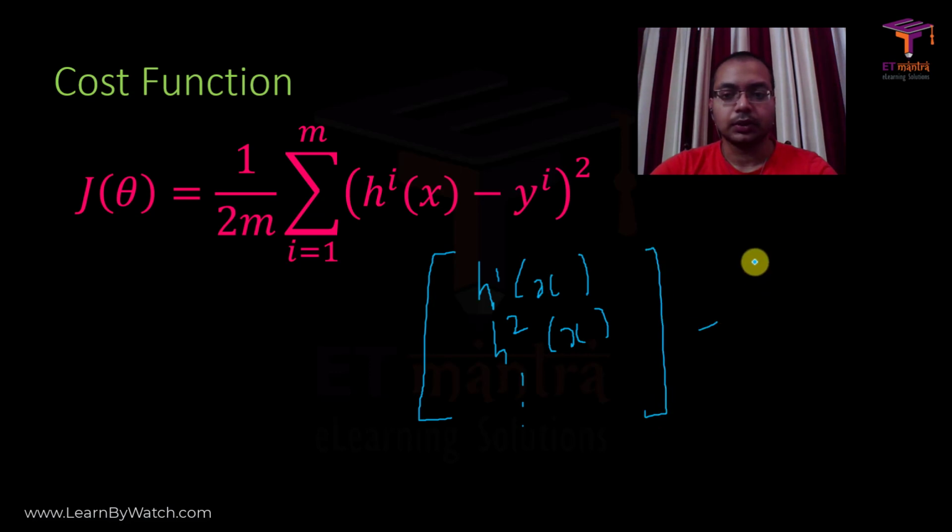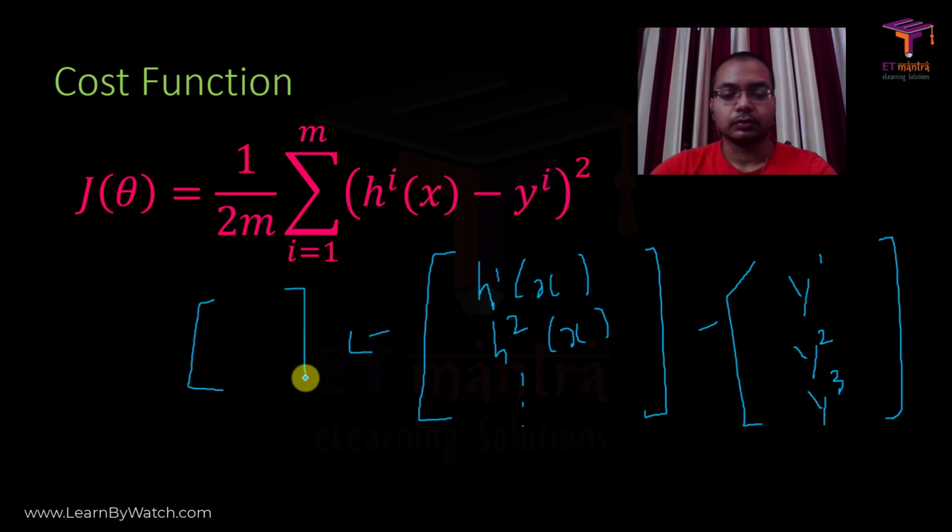And we also get our y, which will be subtracted. So this is y1, y2, y3, and after this we get a single column vector, and we square each of these terms individually.